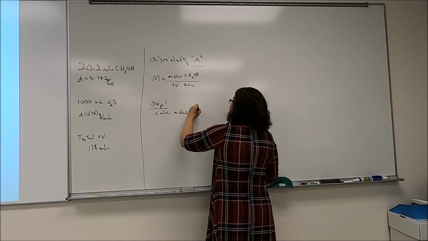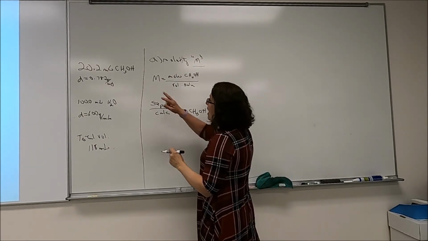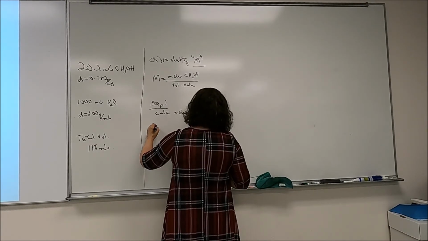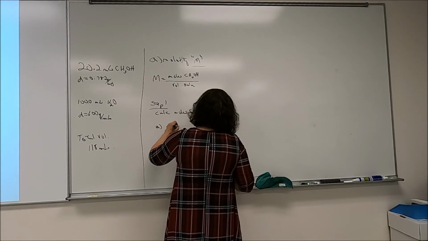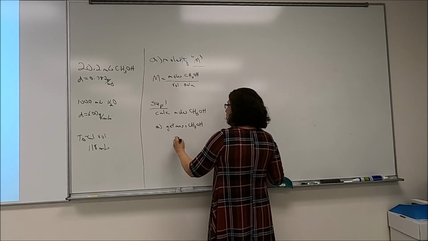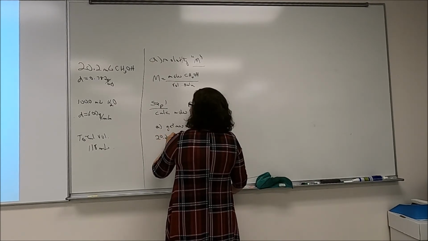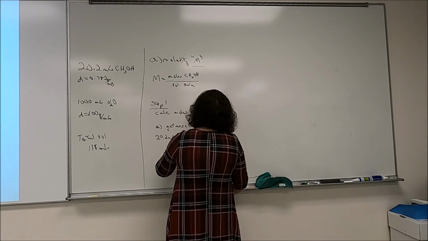moles of CH3OH. Now, I've got density and milliliters. So I'm going to first get the mass of CH3OH. So 20.2 milliliters times 0.782 grams per milliliter.